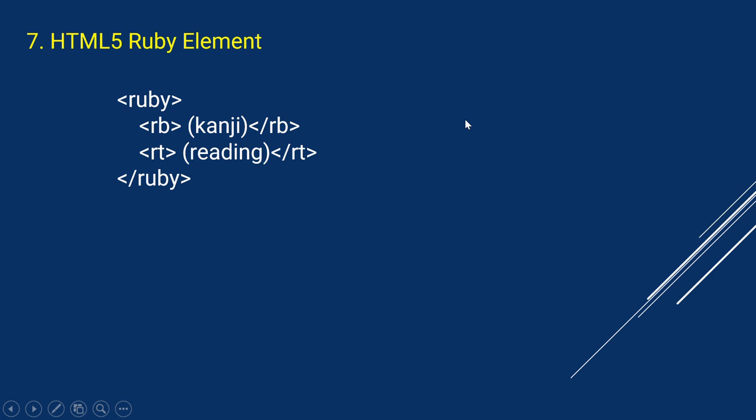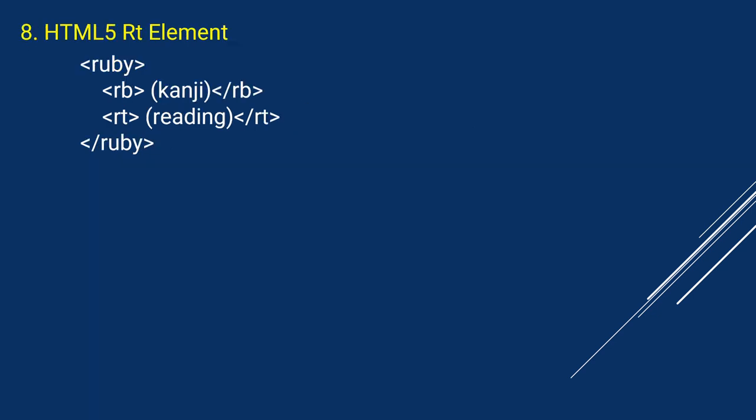The Ruby element is used to define Ruby annotations. It is often used to provide pronunciation guidance for East Asian languages. The RT element is used to define Ruby text.